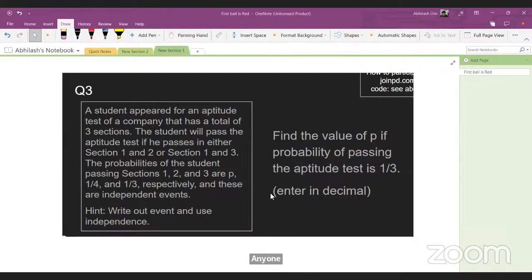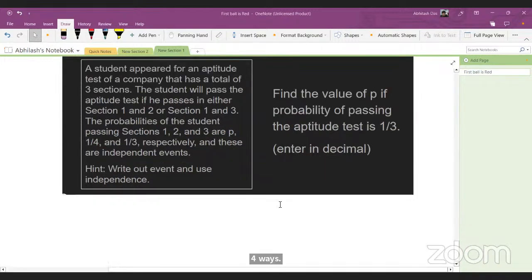Okay, tell me in fraction. What did you get? 4/7. Okay. Anyone else? 4/3. 4/3, how it will be? It is probability, right? Probability cannot be greater than 1.